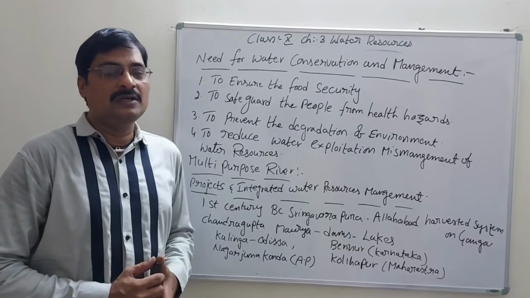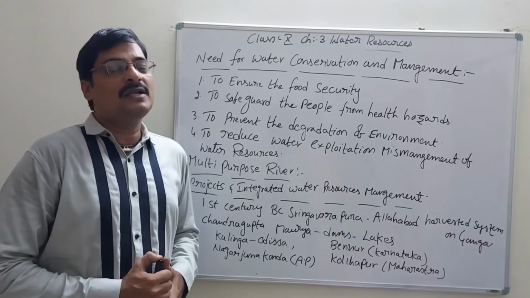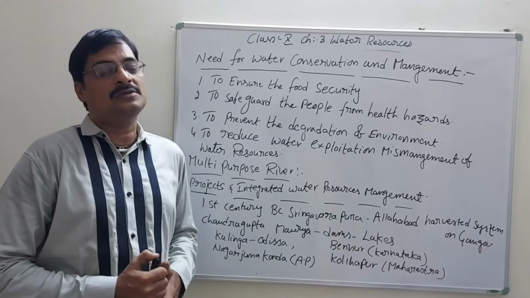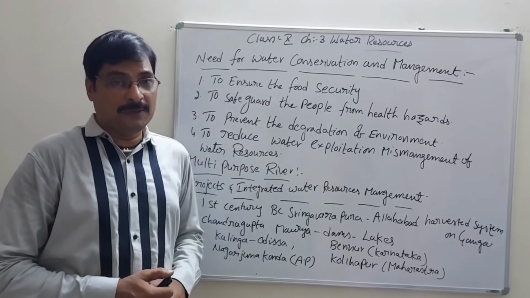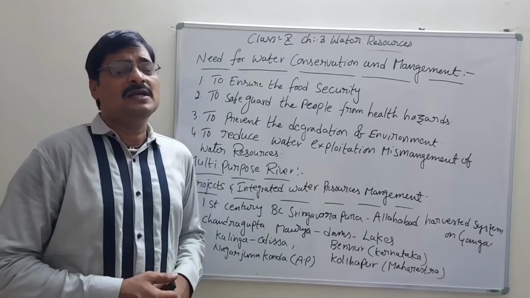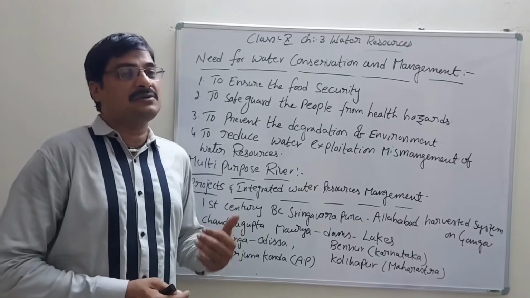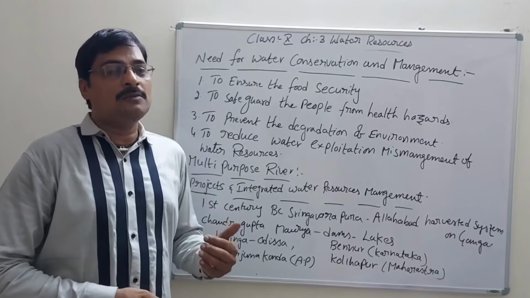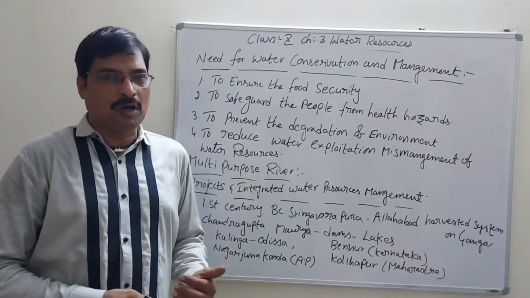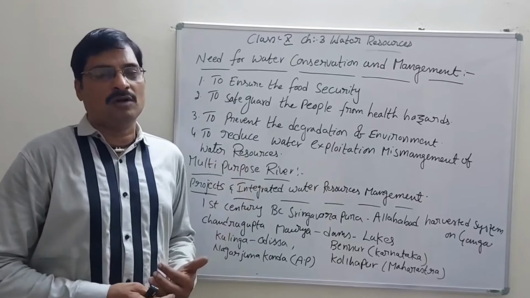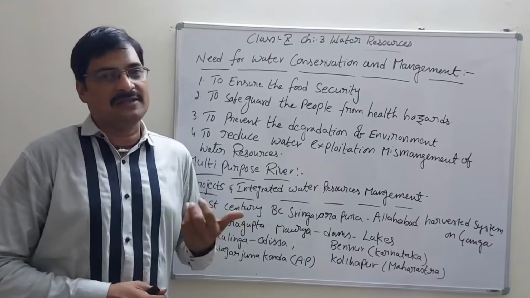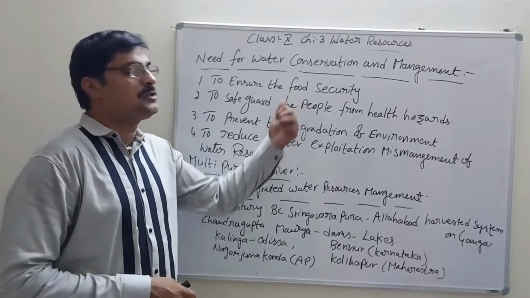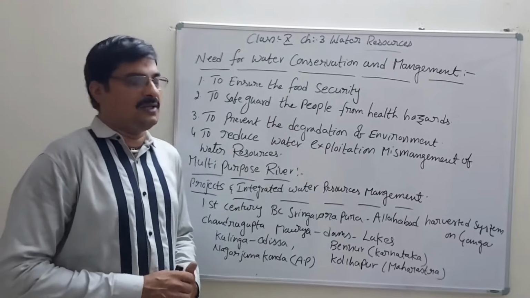So we need water resources, and we have to preserve the water compulsorily for food. If we preserve the water, then we can grow the crops by supplying the water, the crops grow well, and then we will get the food. That is the first point, food security.